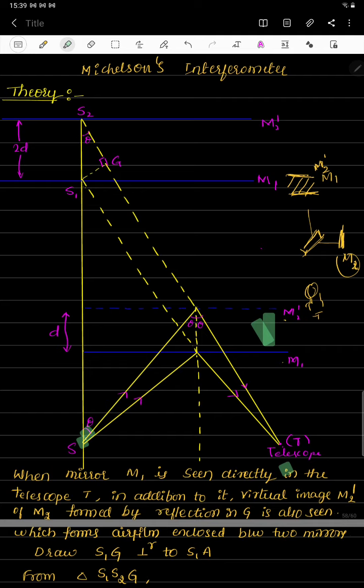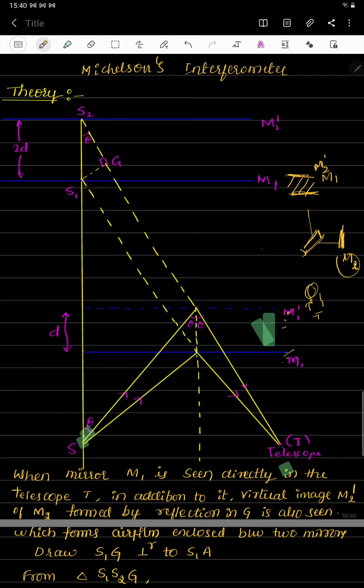And in the telescope what you can see is the two rays reflected from M1 and M2 dash, these two are going to interfere, and that we see in the telescope. Now for the observer seeing this phenomenon, the two reflected rays coming from M1 and M2 dash appear to come from the points S1 and S2.